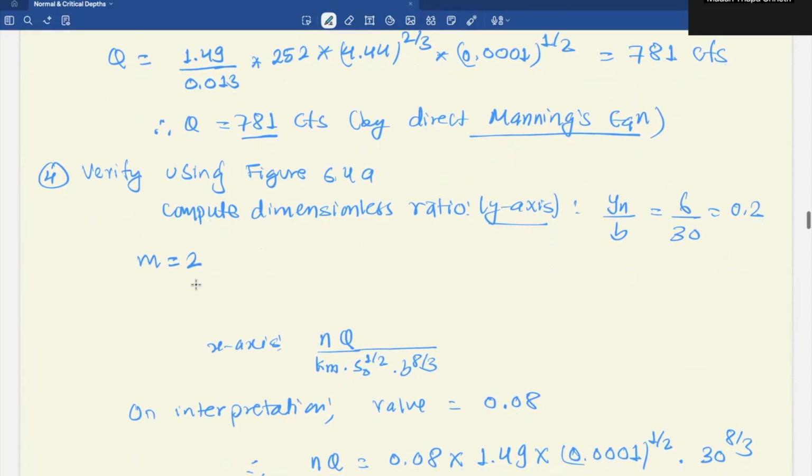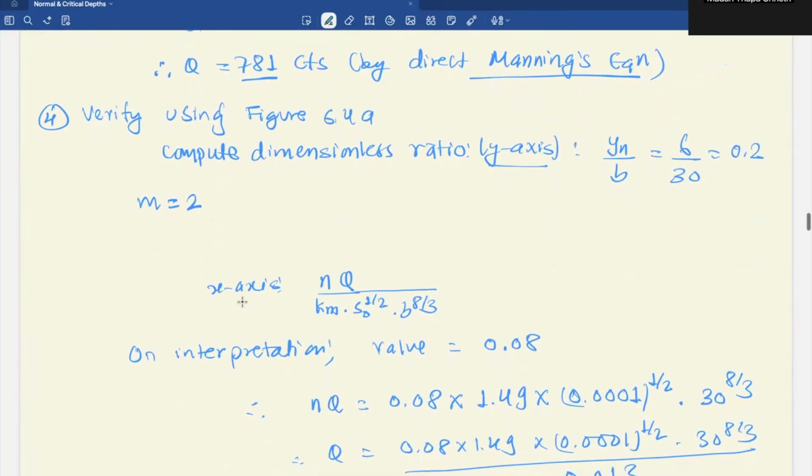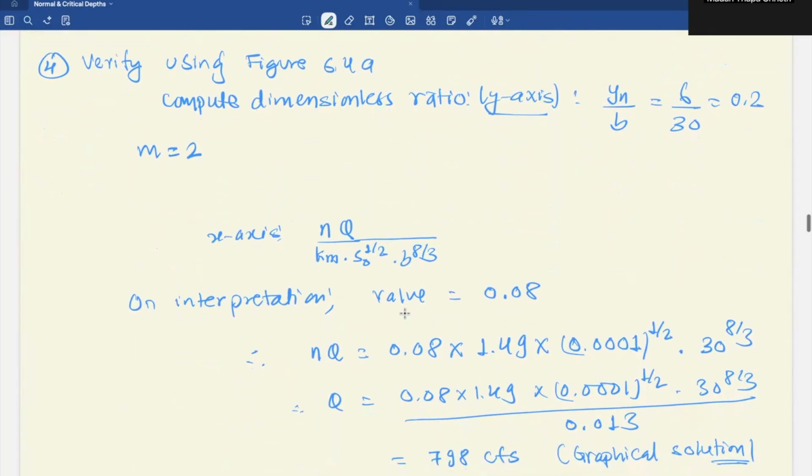Since m is equal to 2, on x-axis, we have n times q divided by km times slope to the power 1 by 2 times b to the power 8 by 3.